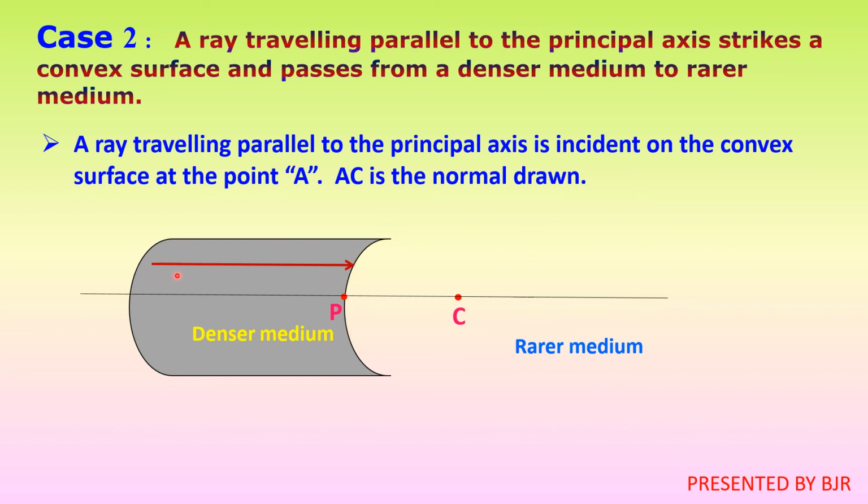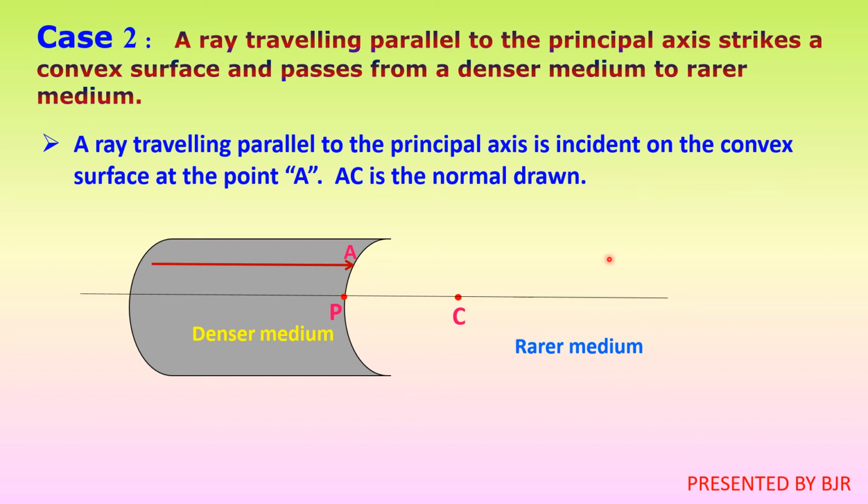So this ray is incident at this point, say A. So A is the point of incidence. Then what we have to do? We have to draw the normal, because this ray is traveling from one medium into another medium. Obviously it will deviate its path at the separation, at the interface here.